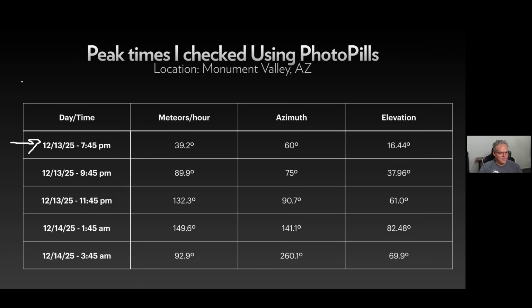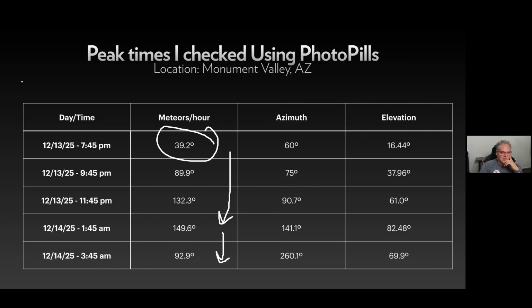And then we have 9:45, 11:45, 1:45, and 3:45. The peak is 1:45, right? So we go from 40 meteors per hour, which is nothing to sneeze at. That's still a significant meteor shower. It goes up to 150 meteors per hour, and then it starts to dip back down again after that.